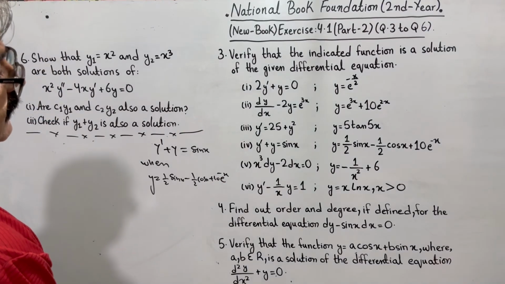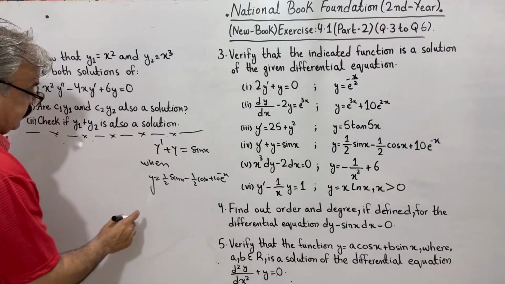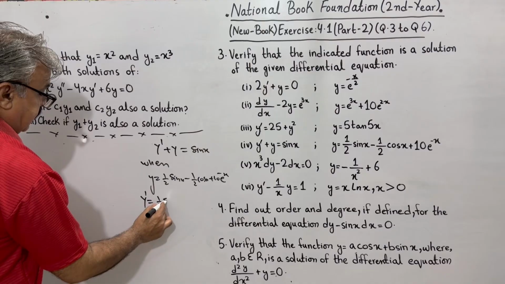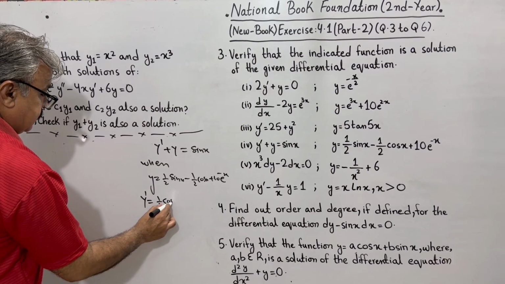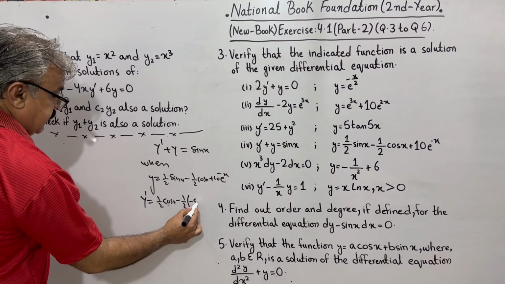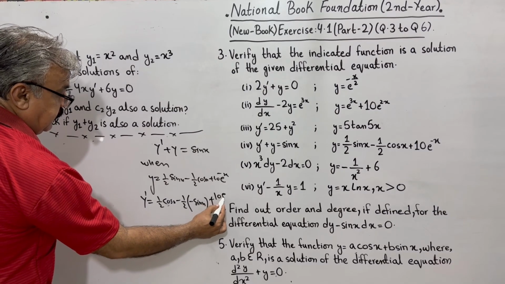Yes, differentiating one time as the requirement of the question. Y prime means 1 upon 2, the differentiation of sine is cos, 1 upon 2, the differentiation of cos is negative sine, plus 10 e raised minus x.